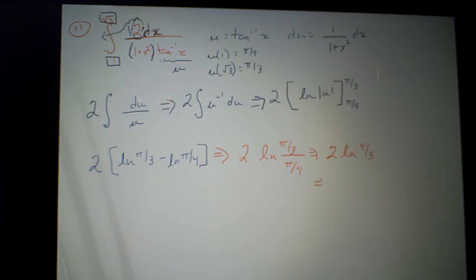Which, oh my gosh, if I'm being really super industrious, I could say that's ln 16 ninths, if I bring up the 2 there. So any one of these I'm just worried about for multiple choice. Long answer, I'm pretty much going to stop here.